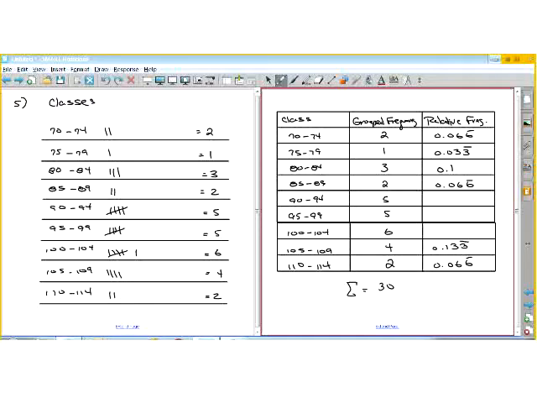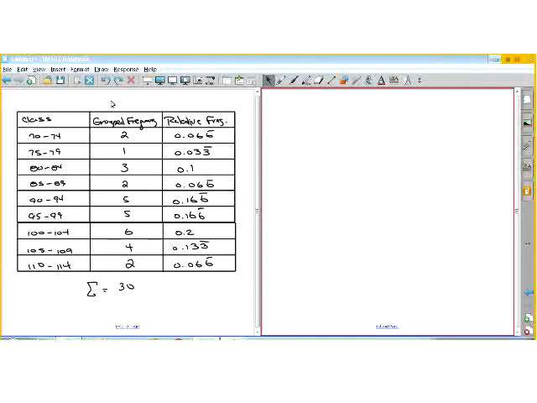That's the only 4 we have. 5 divided by 30 is 0.166. This one's the same. And then 6 divided by 30 is 0.2. If you add all those up, you should get 1. So that's my relative frequency, my grouped frequency.